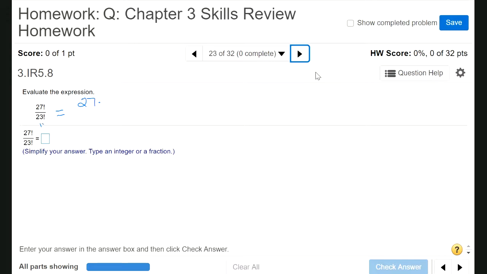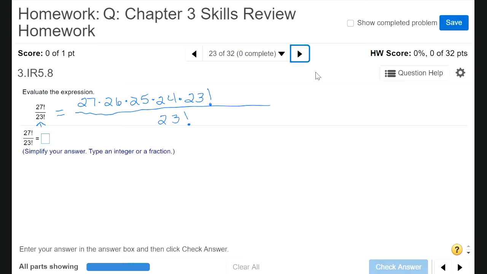So 27 times 26 times 25 times 24 times, now the rest of that, guys, I'm just going to call 23 factorial. That would be 23 all the way down to 1. And then that's divided by 23 factorial, which I'm just going to keep.